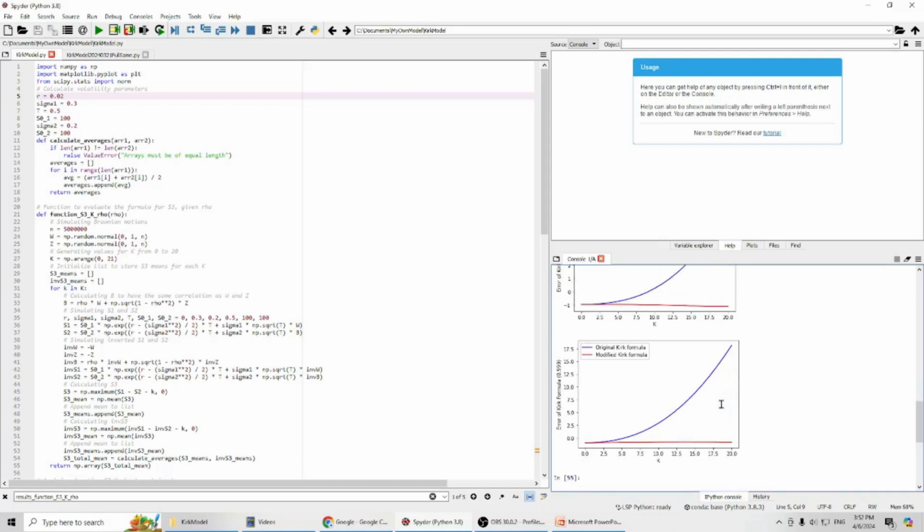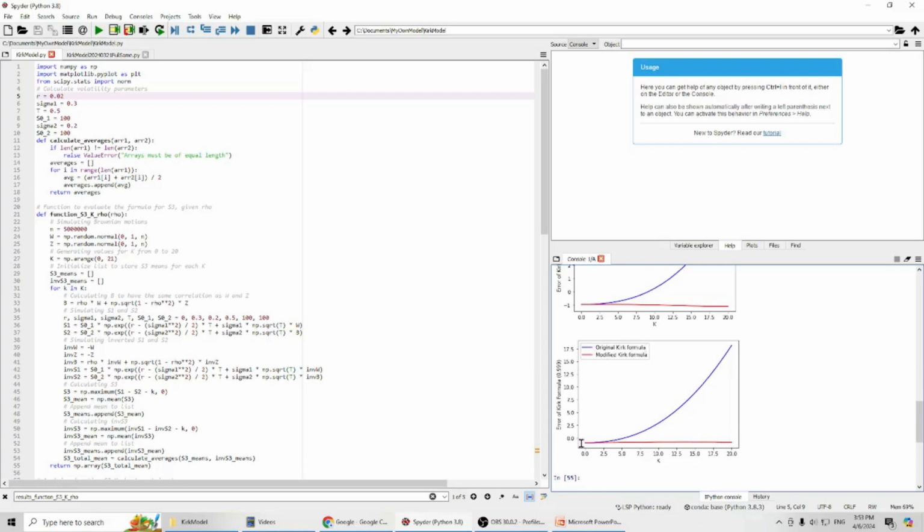Of course, you can run this program again and you will get a slightly different result, but it will be quite similar. In summary, you can see this modified Kirk formula gave us very stable results, not like the original Kirk formula.